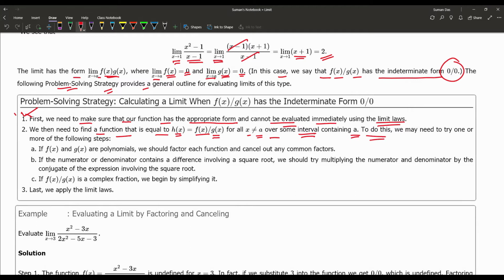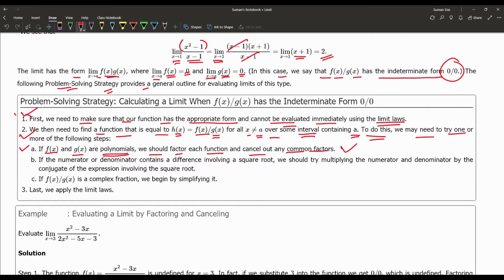To do this, we may need to try one or more of the following steps. Number 1, if f(x) and g(x) are polynomials, we should factor each function and cancel out any common factors. We have already seen here that we factorized the numerator, x square minus 1, and cancelled out x minus 1 from the numerator and the denominator.